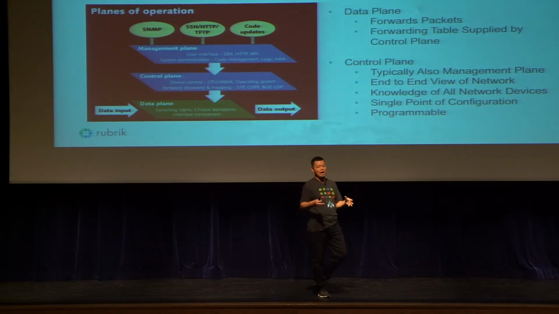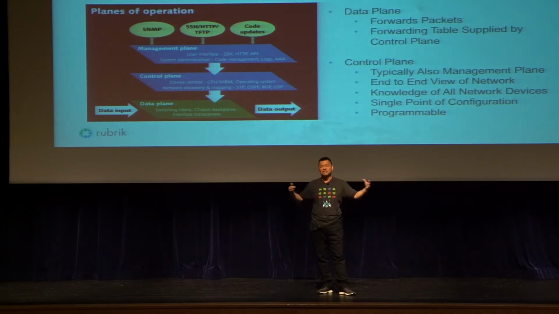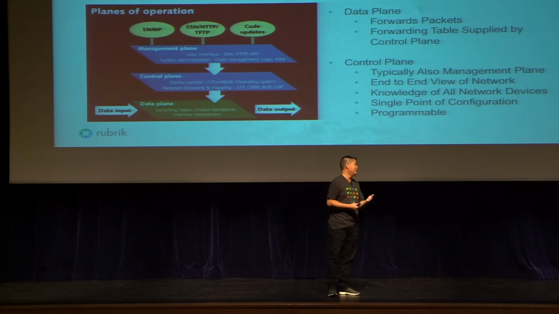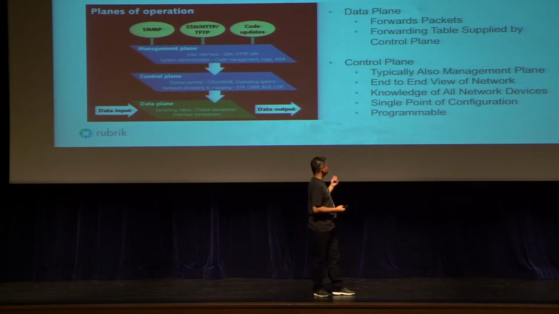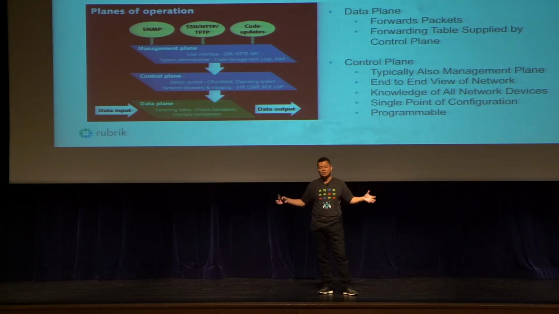In some cases a single management plane, in other cases a distributed control plane that could manage an entire network and program what it does. And the big thing there was finally getting an end-to-end view of the entire network, right? Not just having to go into individual switches to see what's going on, but getting a view of everything that's going on in your network.